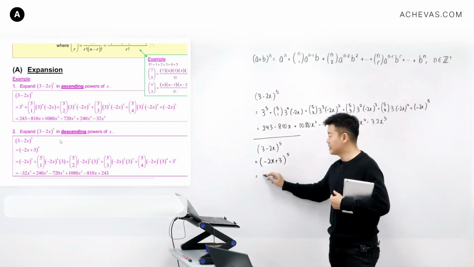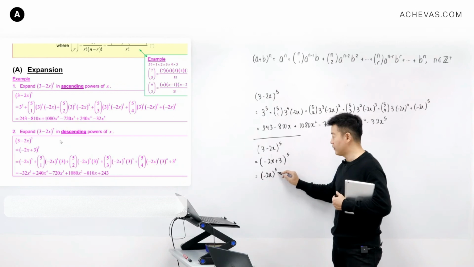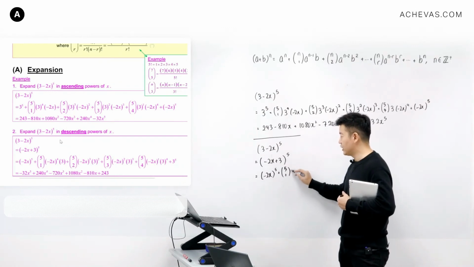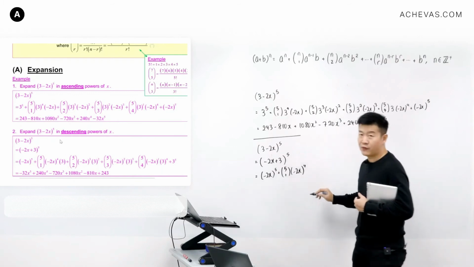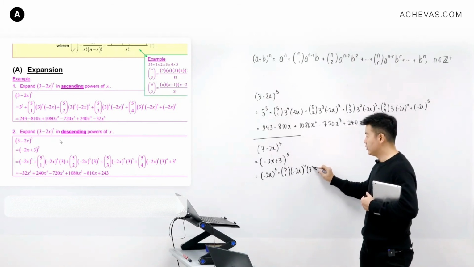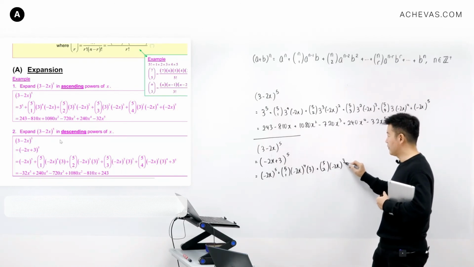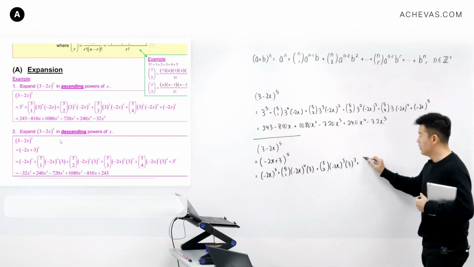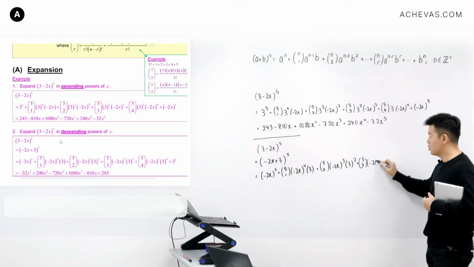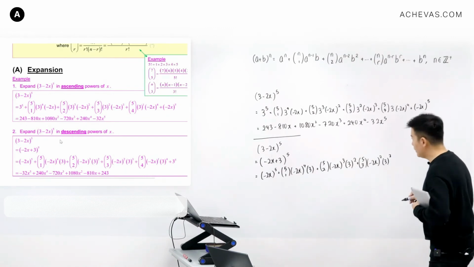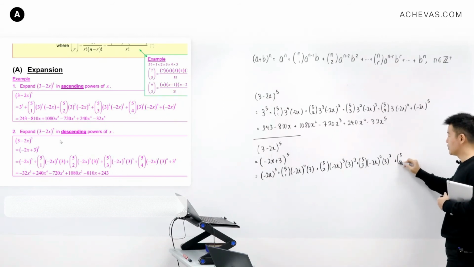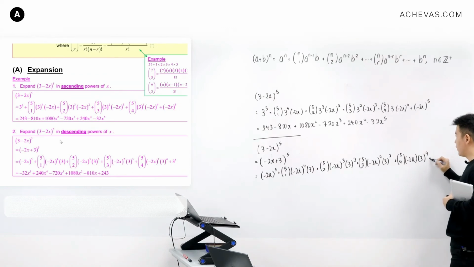Then when I apply the binomial expansion, this is going to be minus 2x to the power of 5, then plus 5 choose 1, then minus 2x to the power of 4, 5 minus 1 is 4, then 3 to the power of 1, then 5 choose 2, minus 2x to the power of 3, 3 to the power of 2, 5 choose 3, minus 2x to the power of 2, then 3 to the power of 3. Then after that we have a 5 choose 4, minus 2x to the power of 1, then 3 to the power of 4, and the last term is going to be 3 to the power of 5.